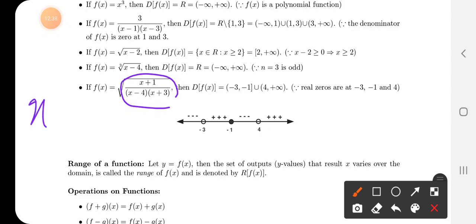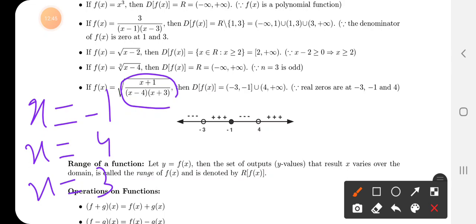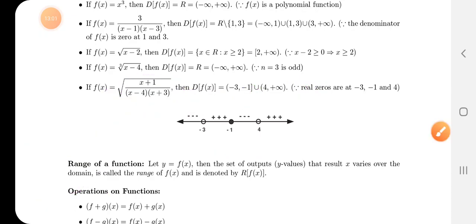From the numerator you will get x equals minus 1, and from the denominator you will get x equals 4 and x equals negative 3. So you have these three numbers. We plot them from smaller to larger. Now I have 4 intervals here, and I have to choose their signs.